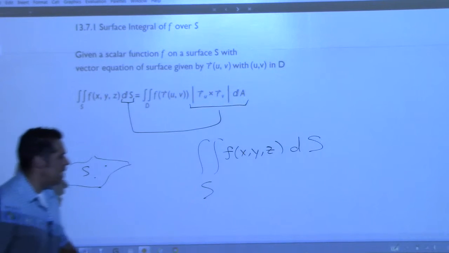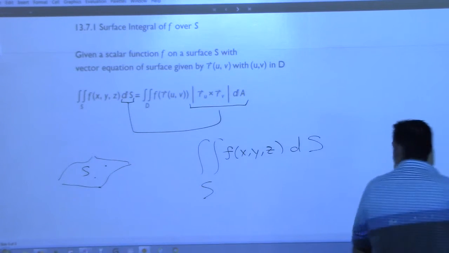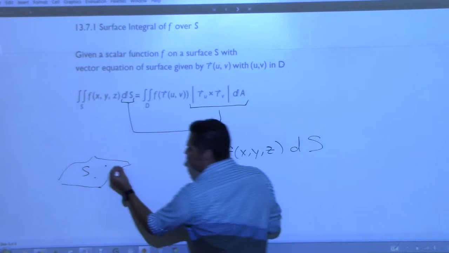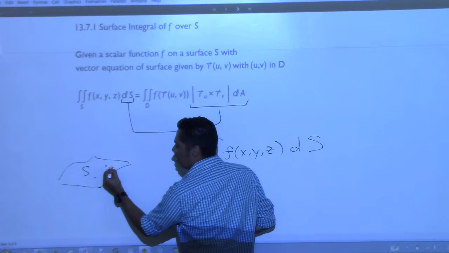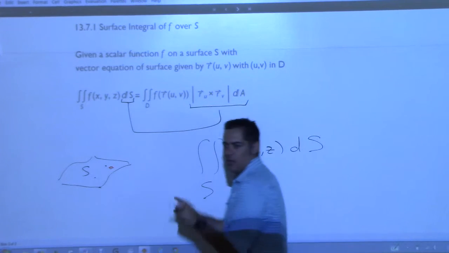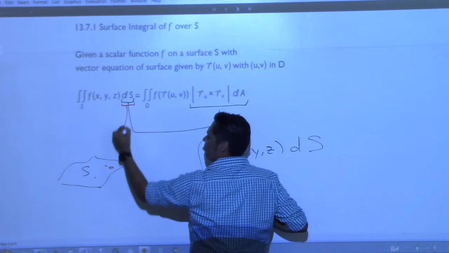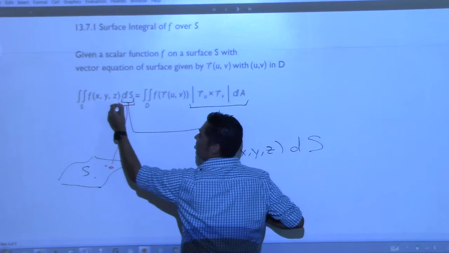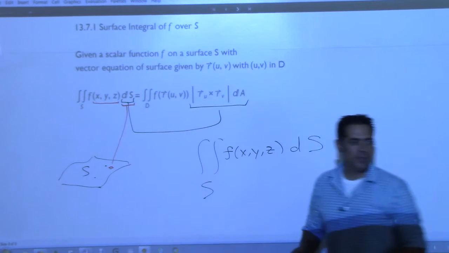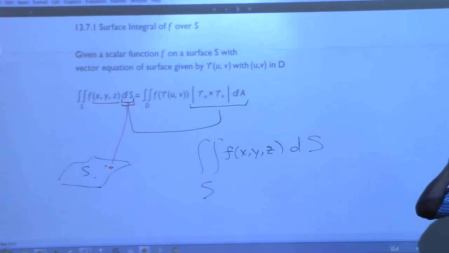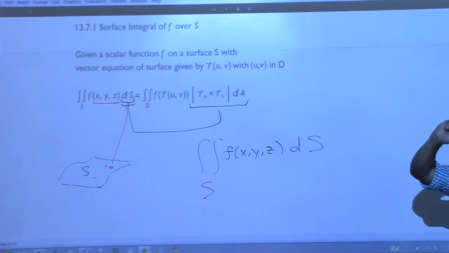The way I like to imagine this is we're taking this little infinitesimal patch on here, that's this piece, and we're multiplying it times that, which is like the height of the function there, even though this is in 4 dimensions, so it's just like a quantity there.